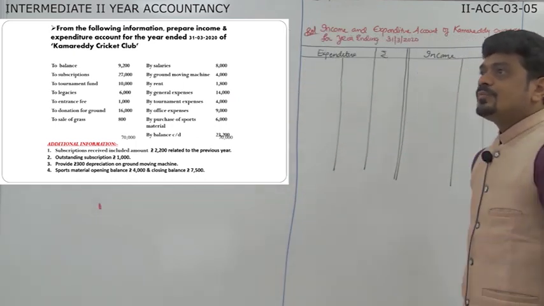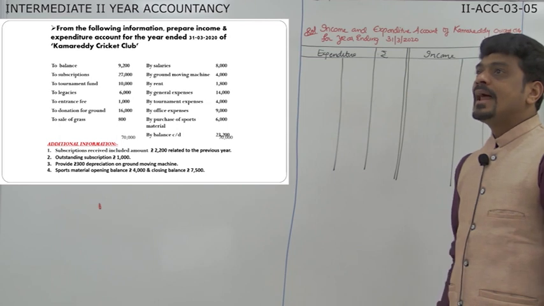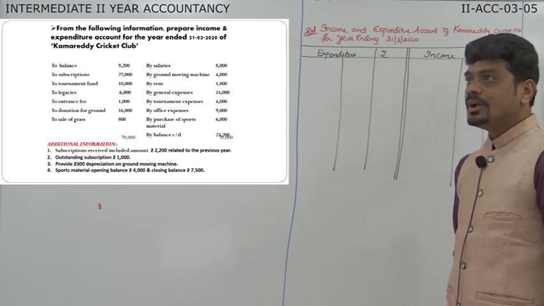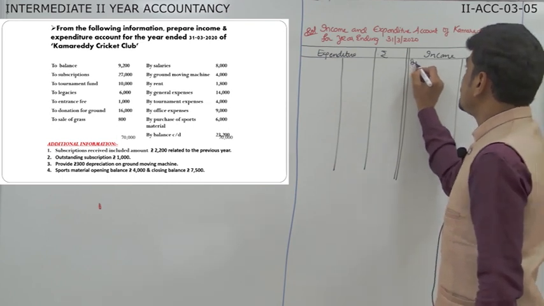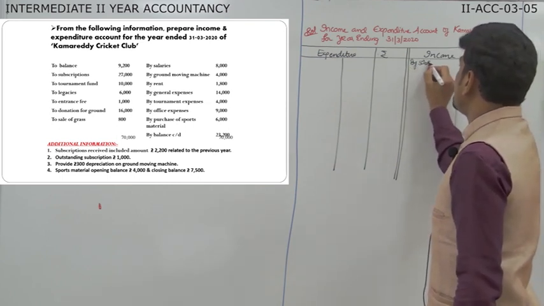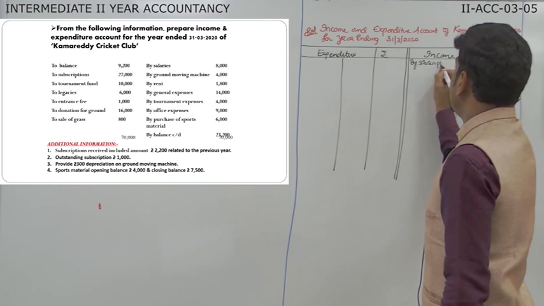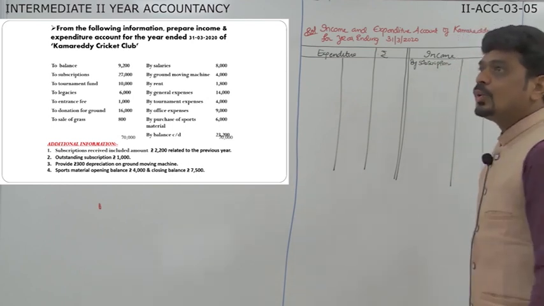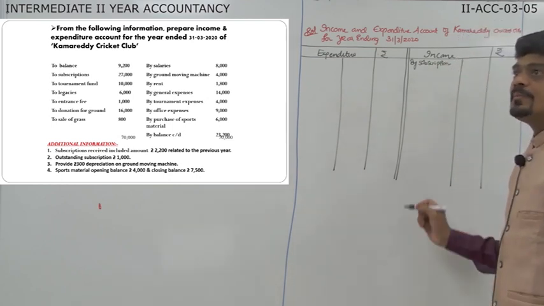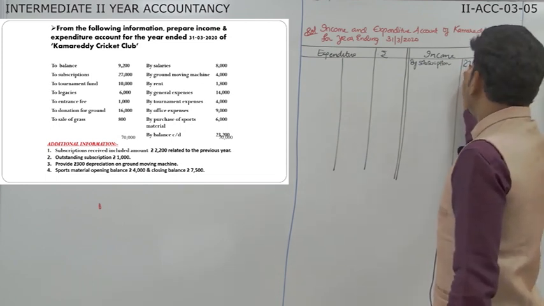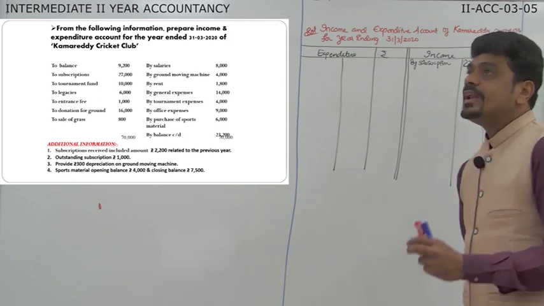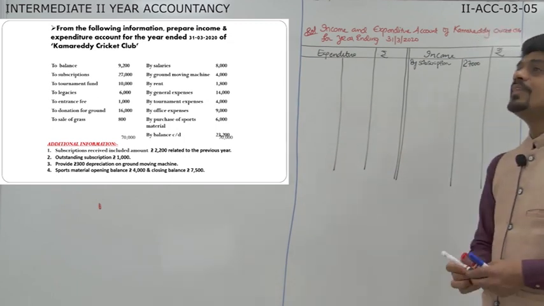If you see, the first item is balance, we have to ignore. Then subscription. So as it is, by subscription. And how many adjustments are there? There are two adjustments, so we'll keep in inner column. Amount is 27,000. Till yesterday I taught you not to give the adjustment.